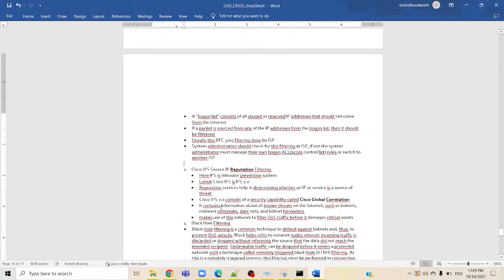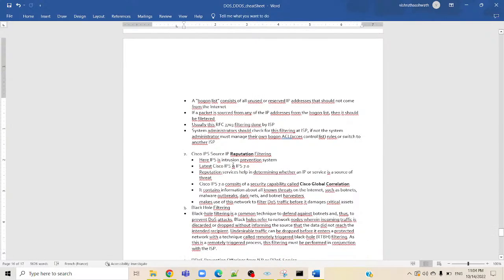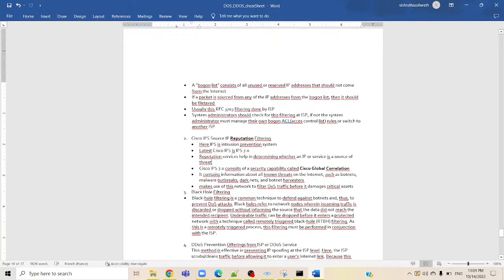Next is Cisco IPS source IP reputation filtering. Here, IPS is intrusion prevention system. The latest Cisco IPS is IPS 7.0. Reputation services help in determining whether an IP or service is a source of threat.